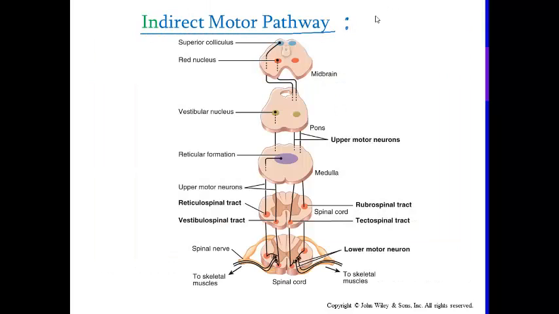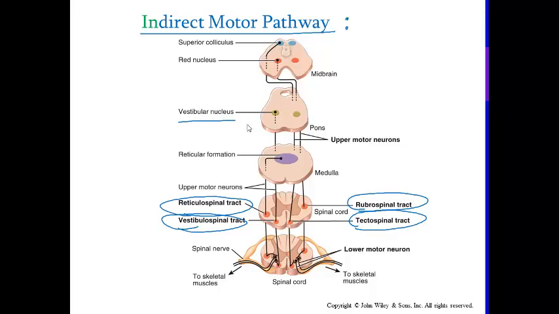I was able to find this slide from more updated sources, so don't memorize this, but I just want to show you there are several different tracts for the indirect ones. They do not go through the pyramid, so it's extrapyramidal. For instance, all the tracts will receive information from other regions of the body, for instance, from the red nucleus, from the superior colliculus, or from the vestibular nucleus that you receive information from, for instance, balance from your inner ear.